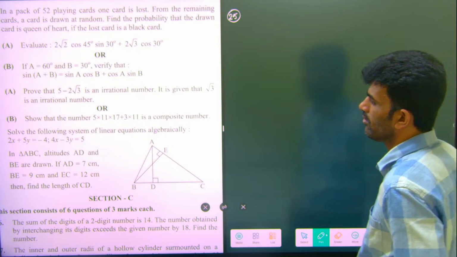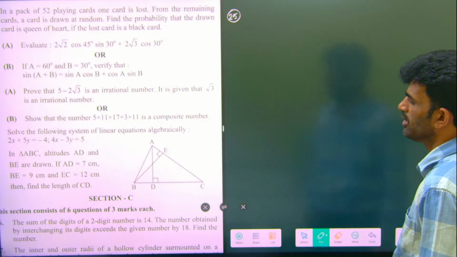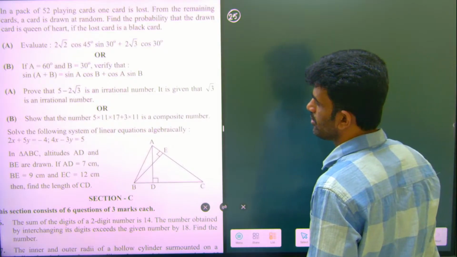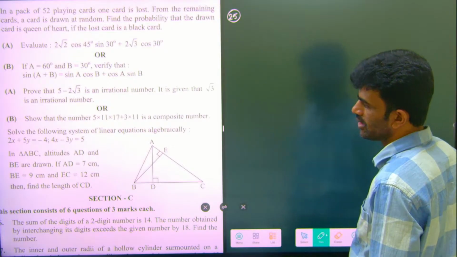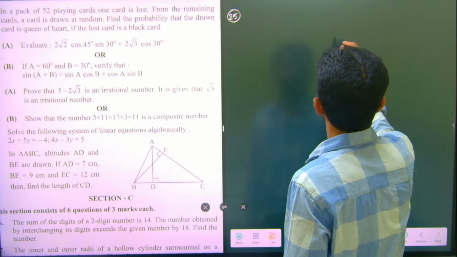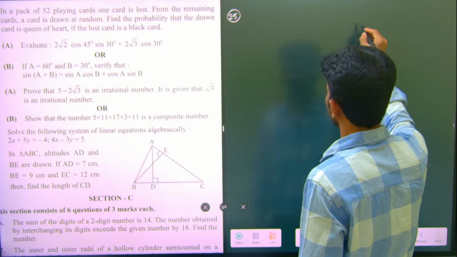CD. What is given in that? AD is given and BE is given. One more, EC is given. So you have to separate the triangles such that we get these values.